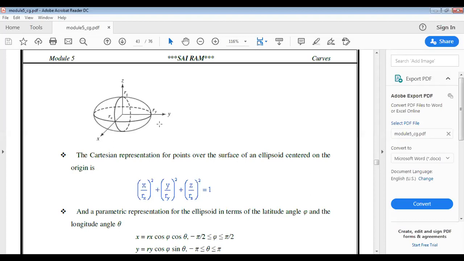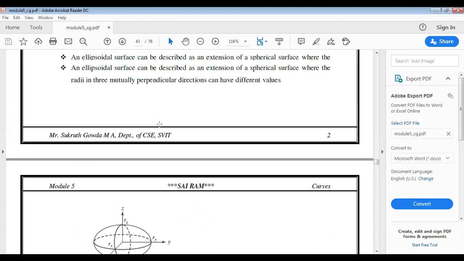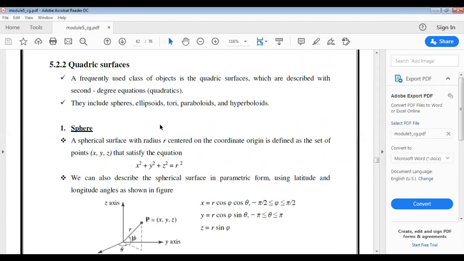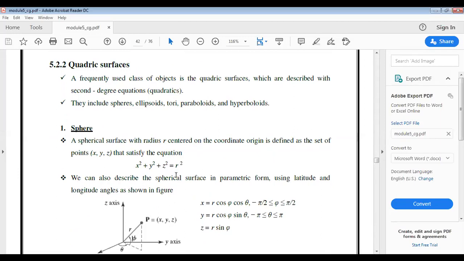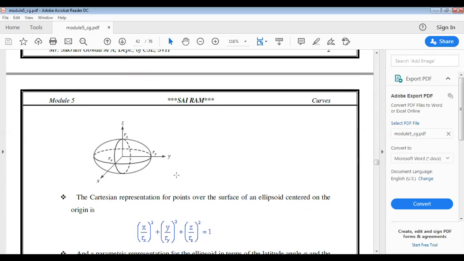That means the radius is the same. From the origin to whichever point on the sphere you take, the radius will be the same, but that is not the case in terms of an ellipse.